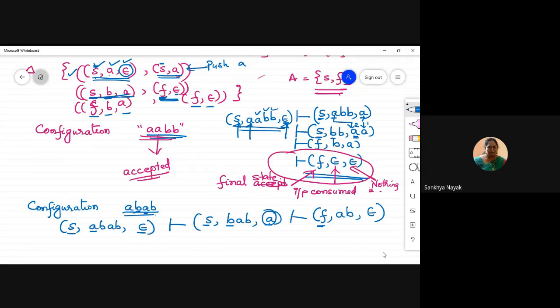Now if you see F, A, epsilon, there is no transition written for F, A, epsilon. Okay, there is no transition. So that's why this configuration will be rejected.